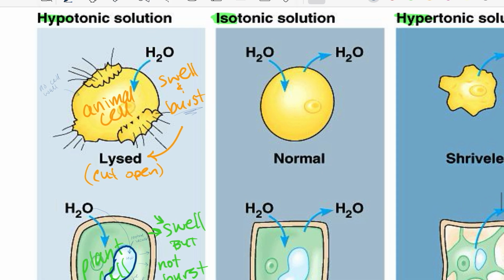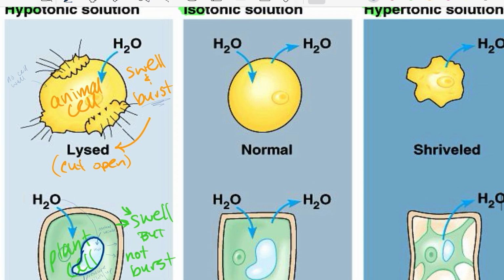In an isotonic environment, water is moving in and out of the cell equally. This is the preferred state for animal cells. So animals prefer this. Let's call it the preferred condition for animal cells.